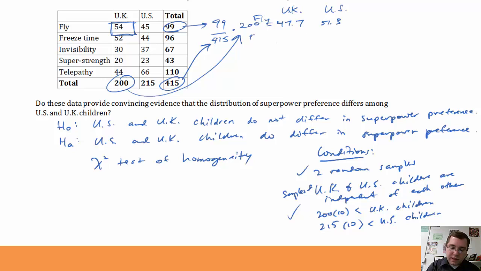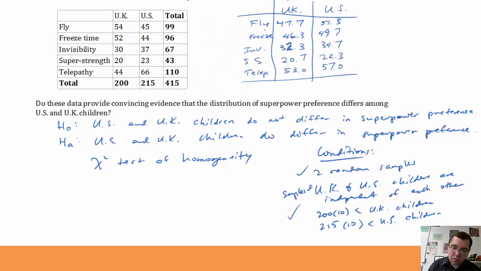For freezing time, we'll do 96 divided by 415 times 200 for the UK and get 46.3. For the US, we'll do 96 divided by 415 times 215 and get 49.7. That's how many US children we would expect to choose freezing time. And so on and so forth. And we create a table of all of the expected counts.